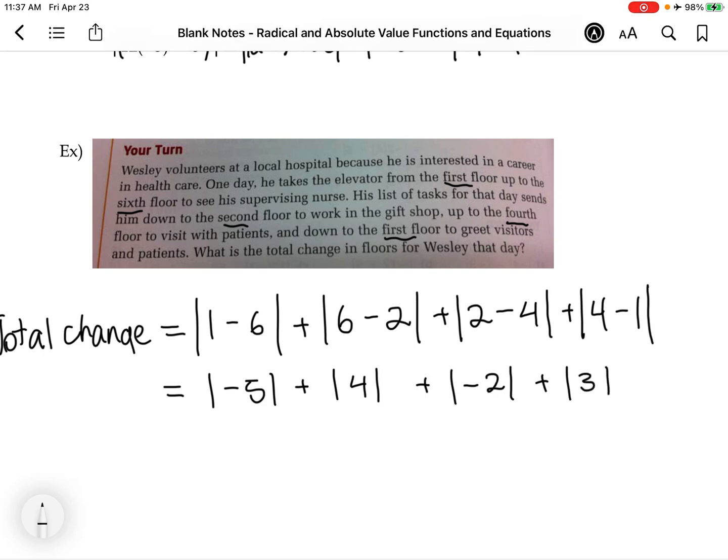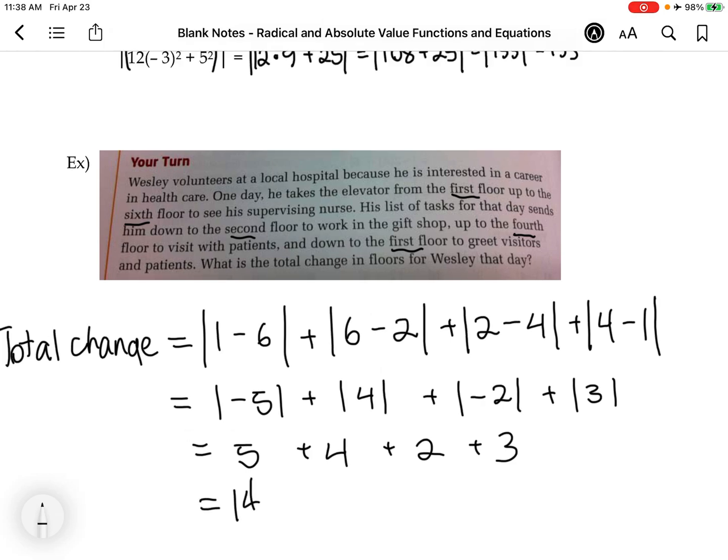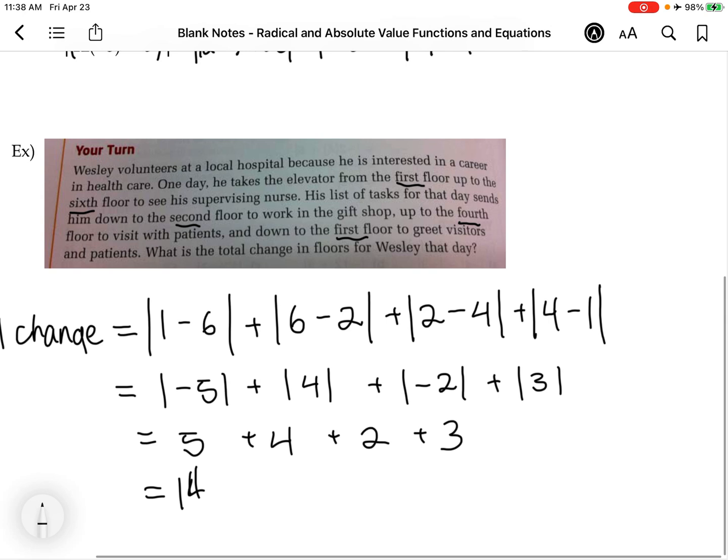Okay, and that all together is 5 plus 4 plus 2 plus 3. And that works out to be, let's see, 9 plus 2 is 11 plus 3 is 14. Whoops. 14 floors.